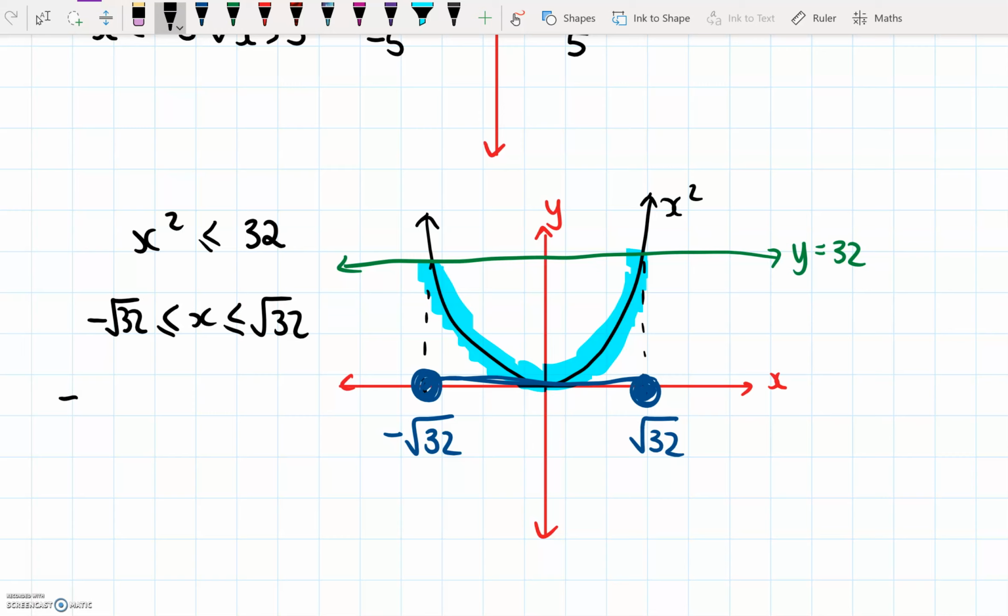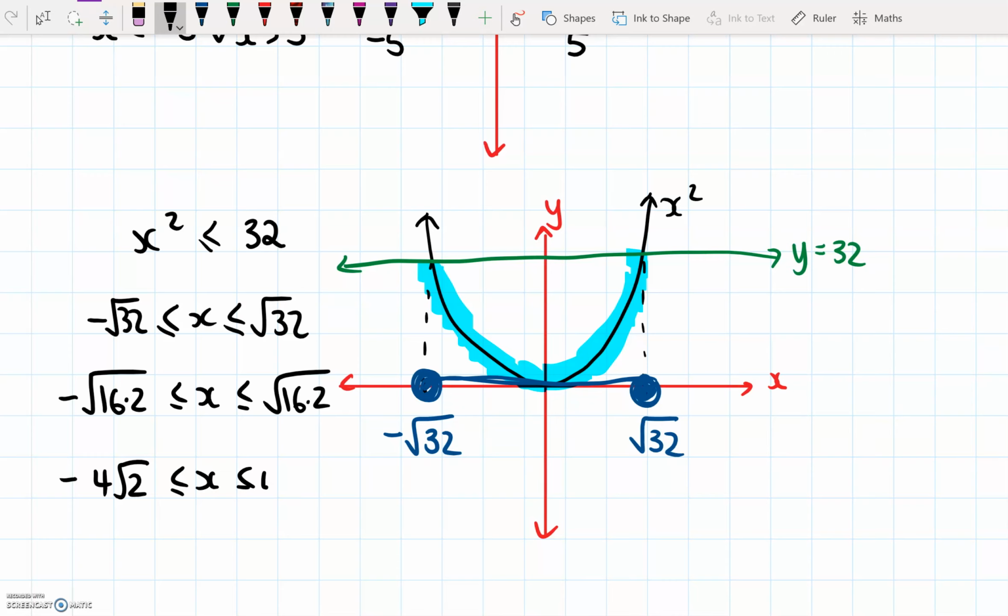So we have negative root 16 times 2 is less than or equal to x is less than or equal to root of 16 times 2. The root of 16 is 4. So we get negative 4 root 2 is less than or equal to x is less than or equal to 4 root 2. And that is it.